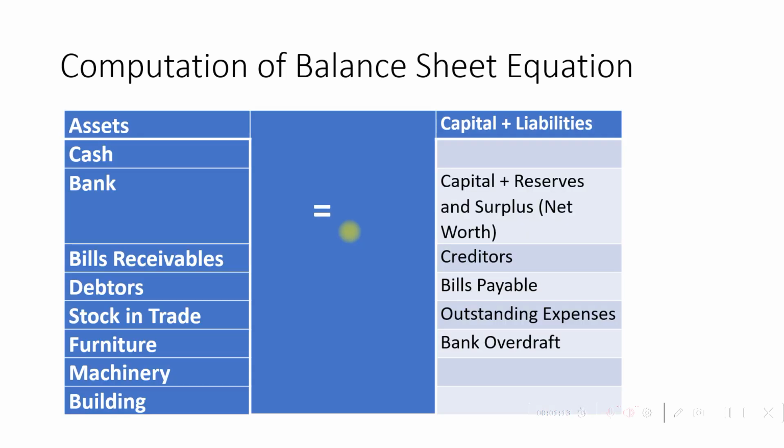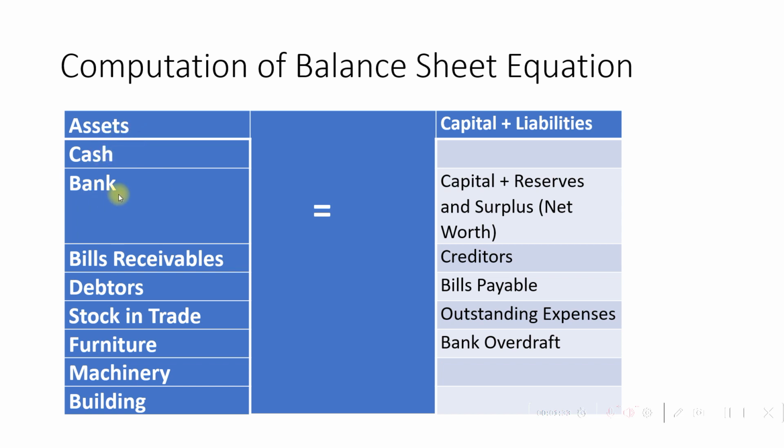Now we will see what are assets and what are capital plus liabilities. According to the accounting equation, we group capital plus liabilities together, and assets are grouped in a different way, but together. So what are the common assets?